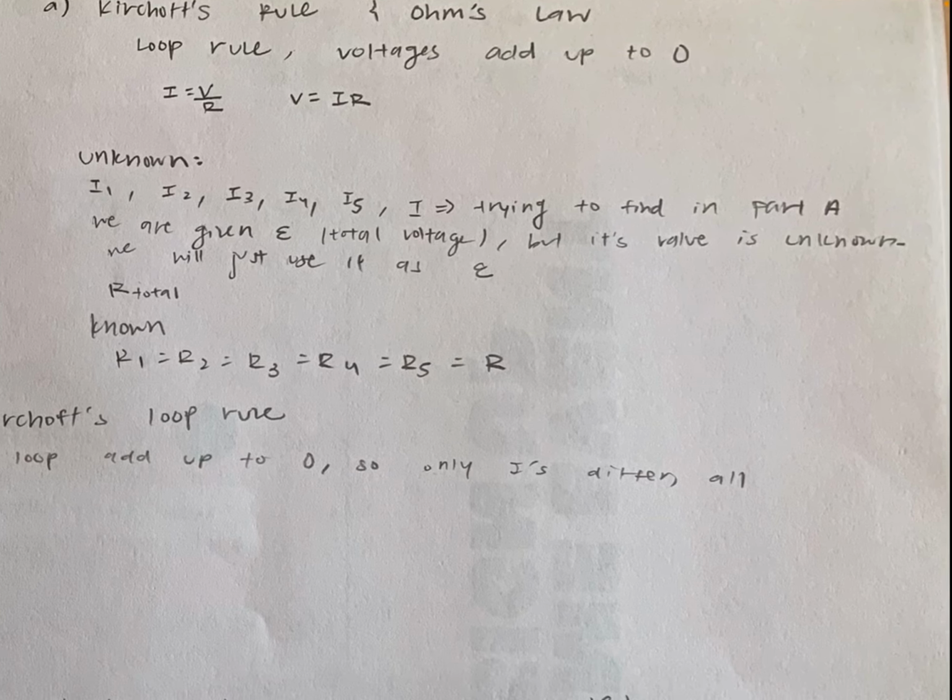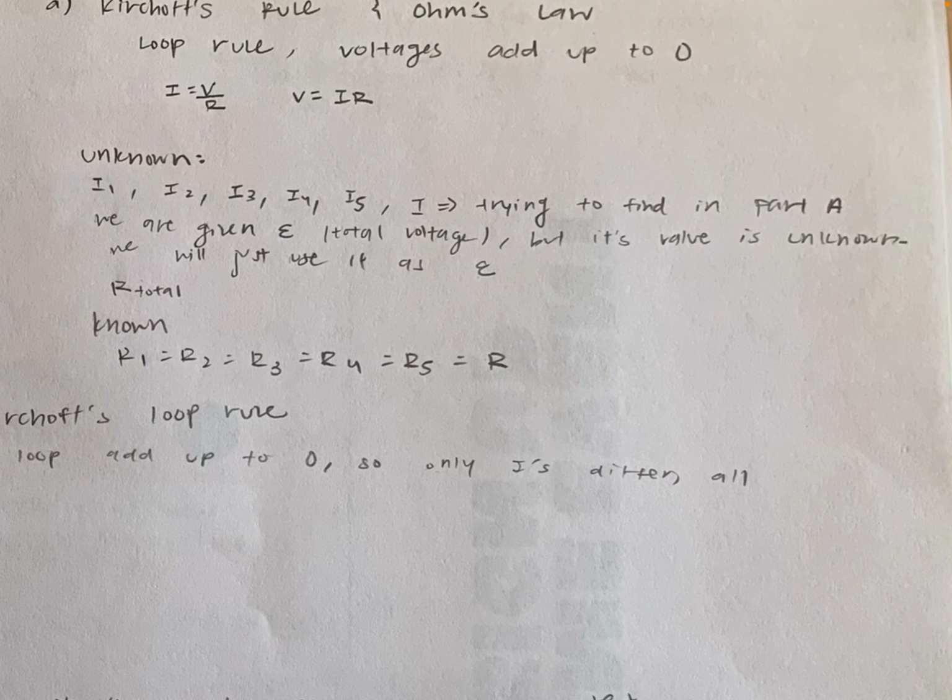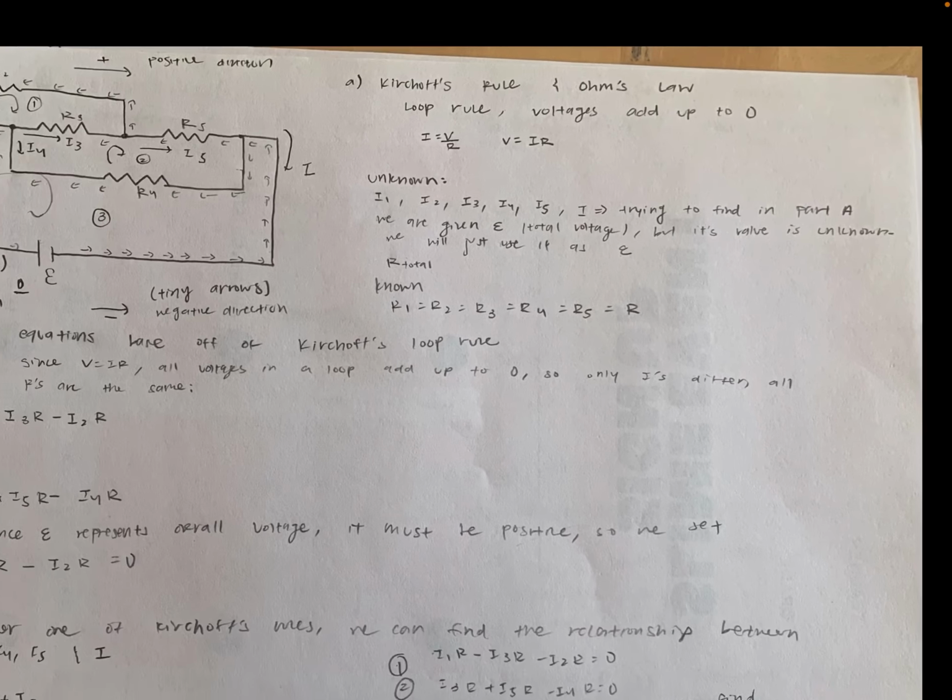The unknown variables are I1, I2, I3, I4, I5, and we're trying to find the overall I. In part A we are given E, which is the total voltage. Its value is unknown, but we'll just use it as E. And the known value is R, since all resistors equal R. In this problem, we're not given any physical values, but representations, which we will use to find I and the overall Req later.